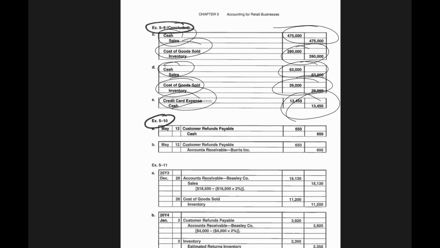We sold $18,500 of merchandise to Beasley, terms 2/10 net 30. I just realized I read the wrong one. That was number 11. So here's the sale. If you look at number 11, here's the sale.